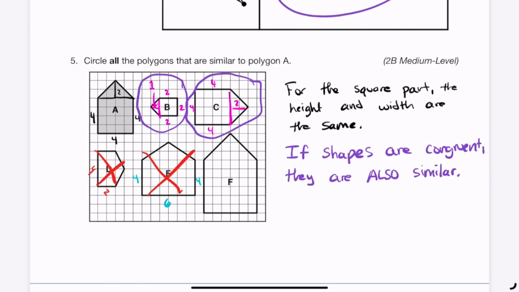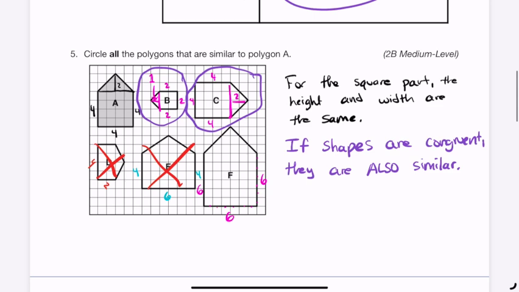Okay, and then for this one, this is a height of 1, 2, 3, 4, 5, 6. So we have 6, 6, and 6. And then here, this is a height of 3. So we have the same ratios of these side lengths. To get from 4 to 6, we're multiplying by 1.5, and to get from 2 to 3, we multiply by 1.5.